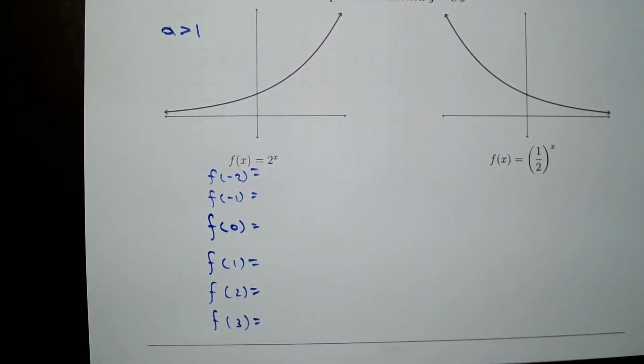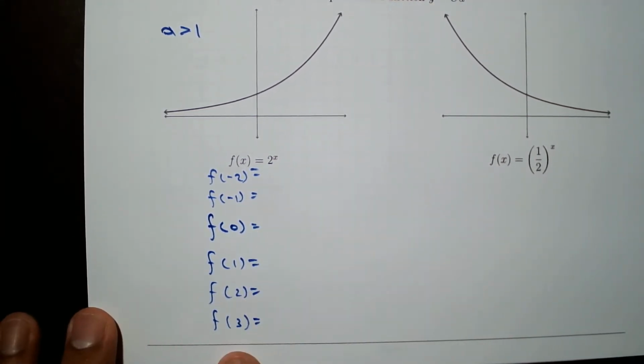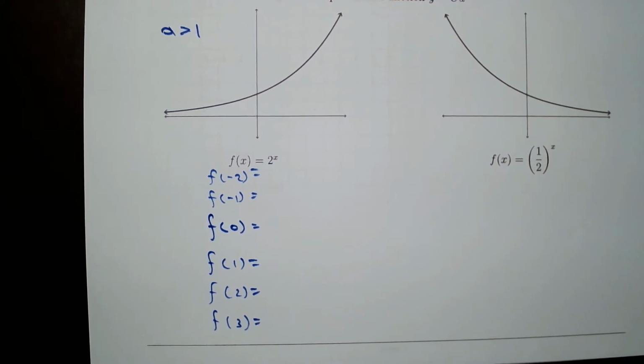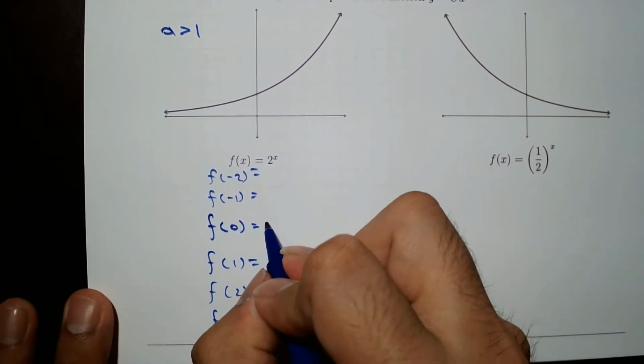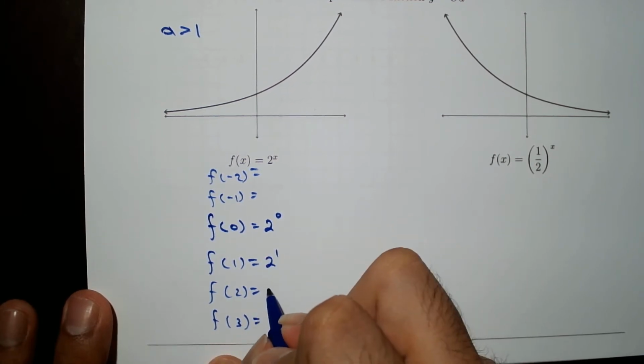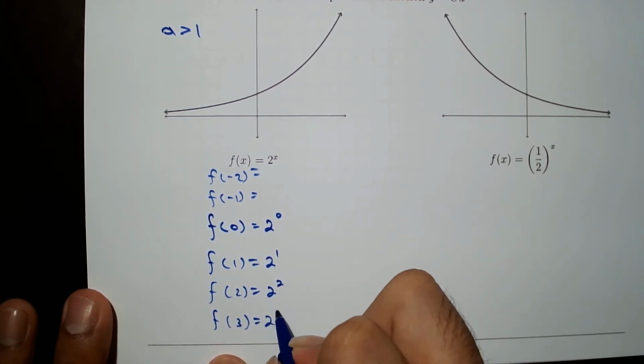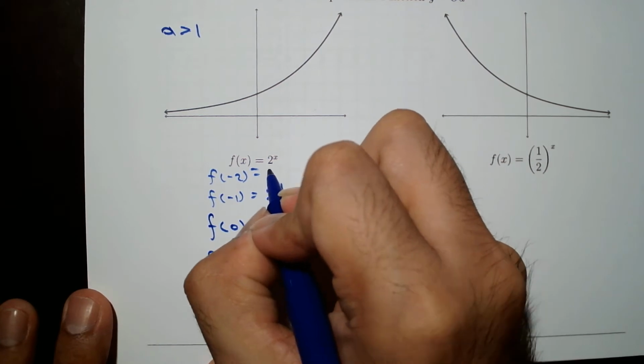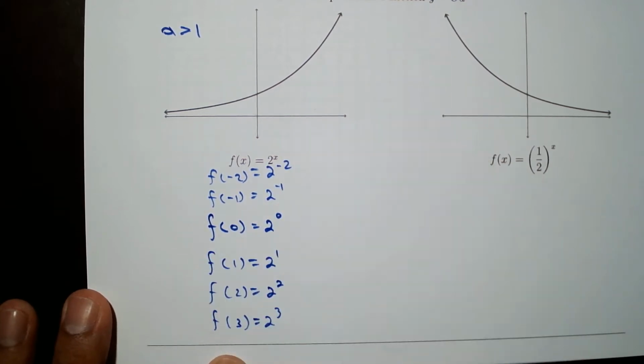So in this case, what are we going to get? Let's do f of 0 first. So I'm going to do 2 to the 0, 2 to the first, 2 to the second, 2 to the third, 2 to the -1, 2 to the -2.